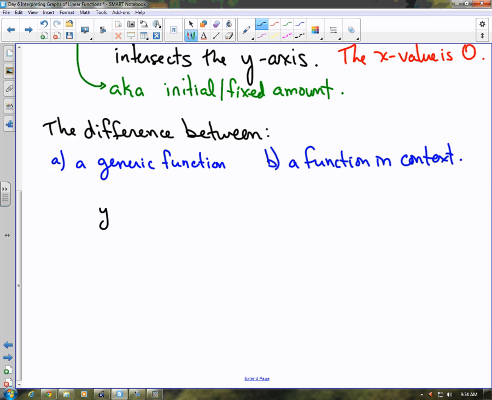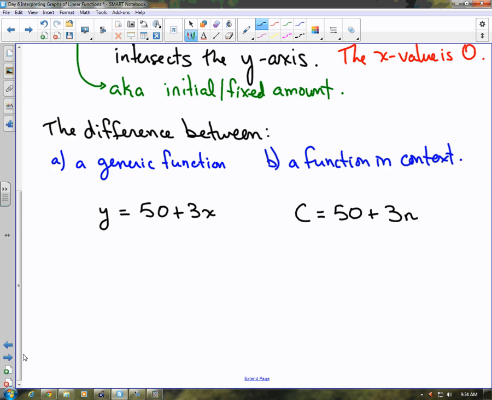Well, this would be an example of a generic function: y is equal to 50 plus 3x, or 3x plus 50. That's generic because we're just using x and y. The function in context could be something like this: C is equal to 50 plus 3n.